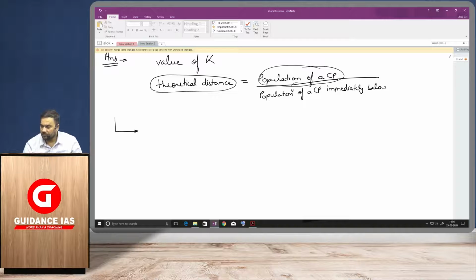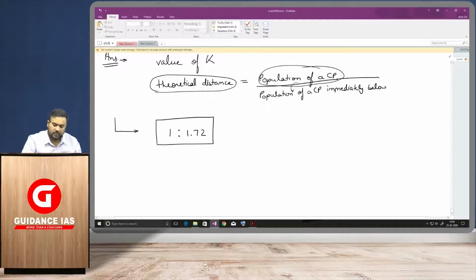Ideally, according to the theory, the theoretical distance in marketing should be 1:1.72.